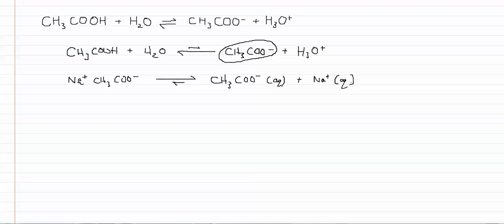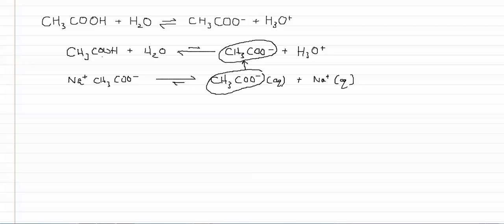We don't really need to care about it as far as the buffer solution is concerned. What we do see then is plenty more of the conjugate base being formed, which tops up the conjugate base that would be present from the very limited dissociation of our weak acid, ethanoic acid.